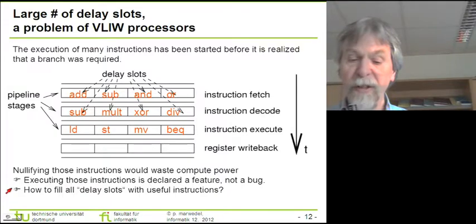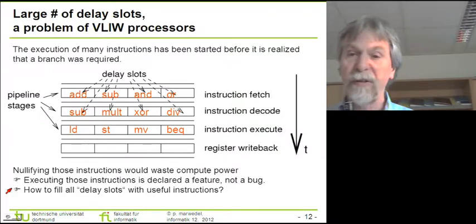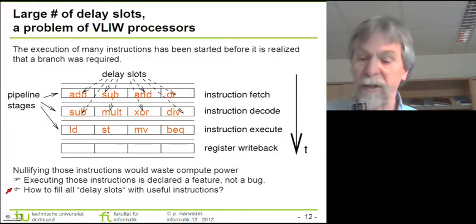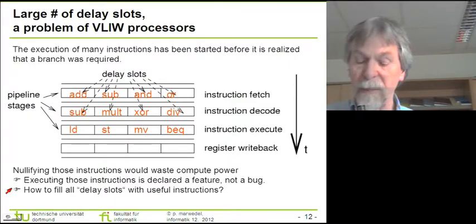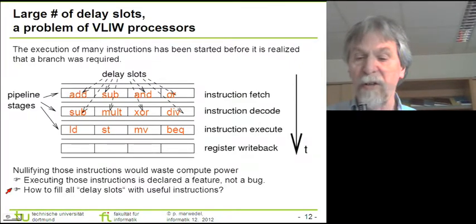The question then is, how do we fill all these delay slots with useful instructions? Because these need to be instructions that need to be executed unconditionally. It's obviously not very easy to fill a large number of delay slots with instructions.